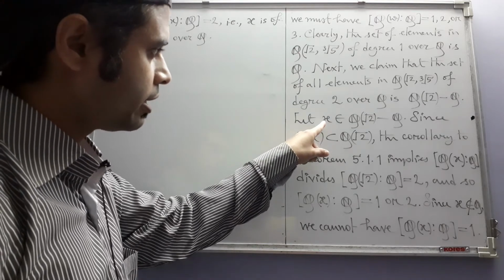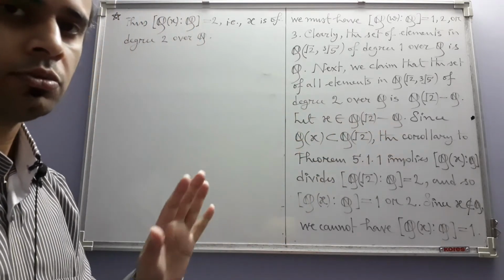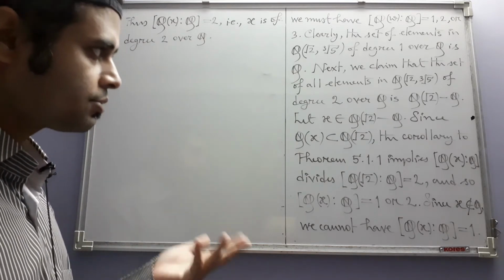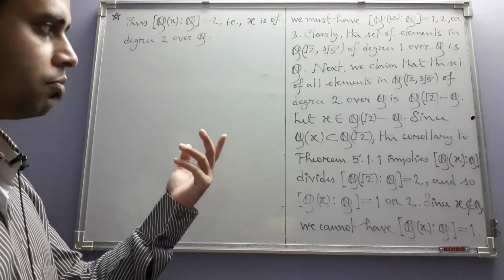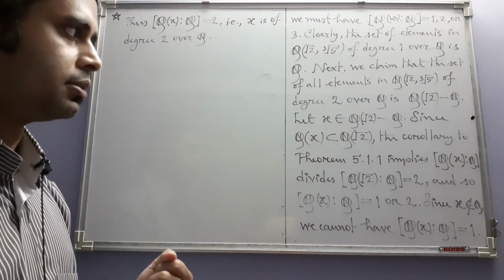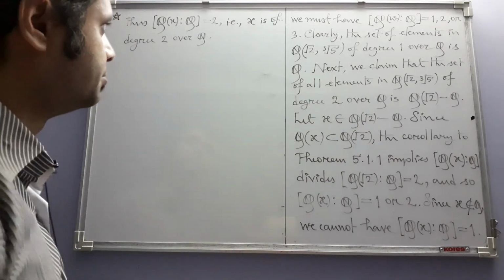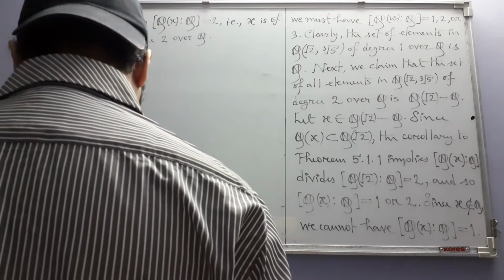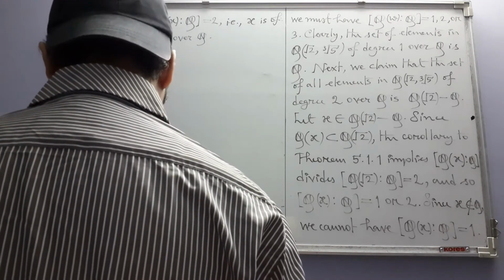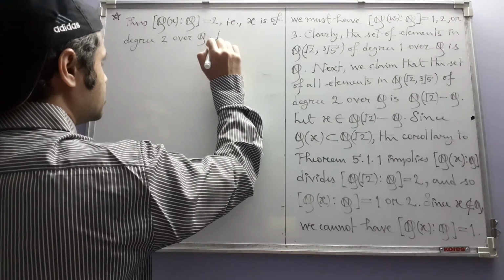We have shown that any element in this set has degree 2 over Q. Next, we have to prove that these are the only such elements. We don't have any other elements outside of this set that also has degree 2 over Q. For that, we proceed like this.